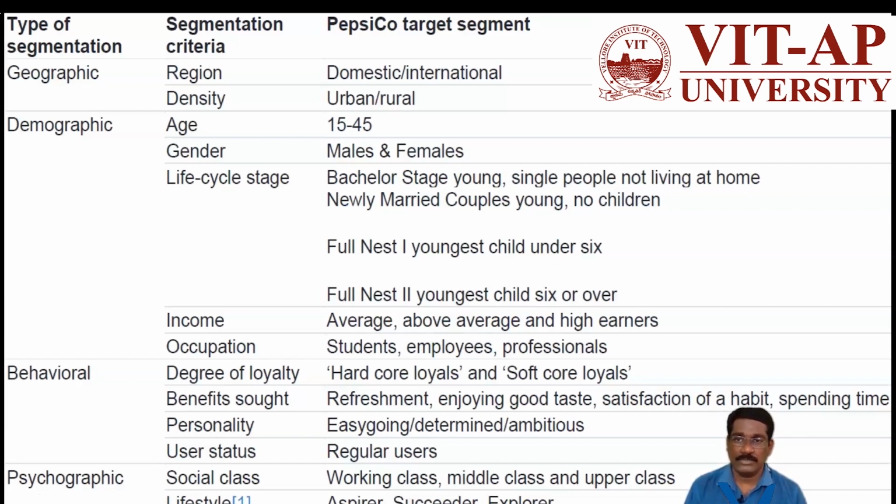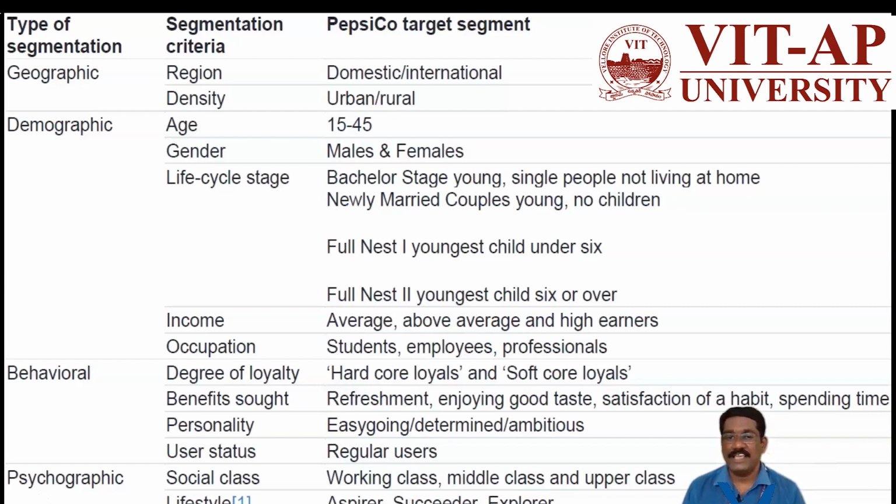In the case of demographic, we have different ages like 15 to 45 with different preferences. They drink on different occasions, and gender, male and female. Pepsi also comes out with Miranda, and Pepsi also comes out with 7-Up. Females mostly go for the Miranda orange type of drink from Pepsi, and males, of course, go for the Pepsi product, the carbonated drink.